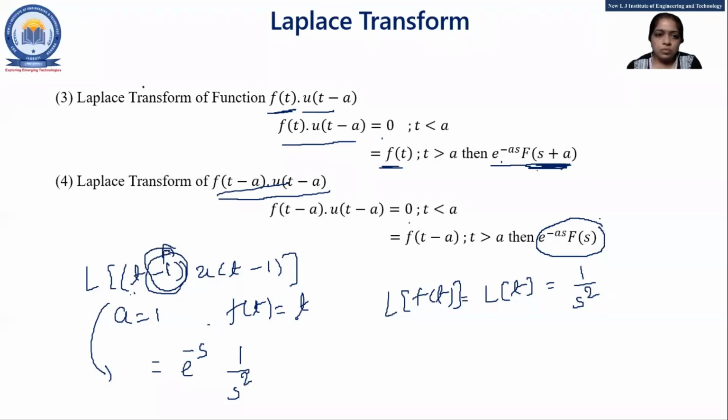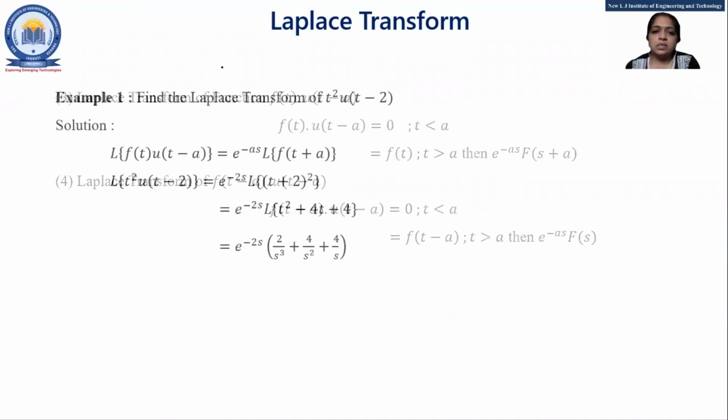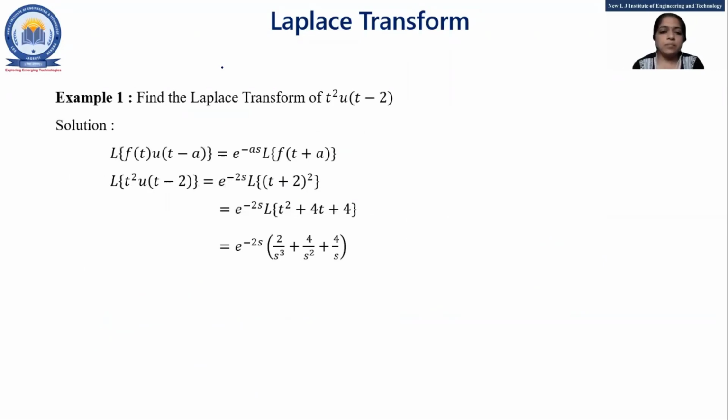So a different kind of unit function is there. We'll solve an example for better understanding. See here. Find the Laplace transform of t square u of (t minus 2). See, students, t square u of (t minus 2).